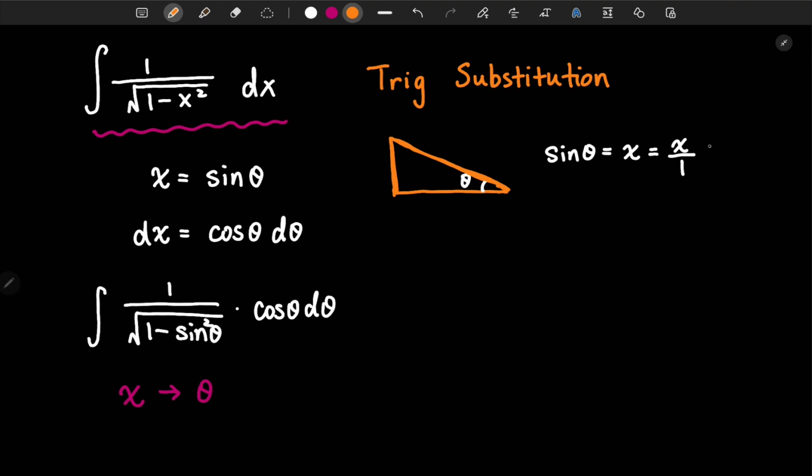In our case, we have x over 1. So let's set the opposite side to be x and the longest side to be 1. In this case, you have correlated your x and theta together in the same triangle. And from the Pythagorean rule, the third side of this triangle will be the square root of 1 minus x squared.